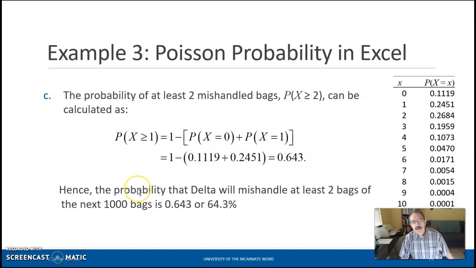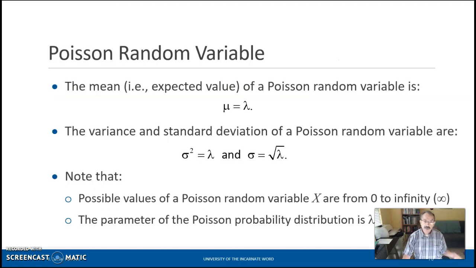So the probability that Delta will mishandle at least 2 bags of the next 1,000 bags is 0.643 or 64.3%. All right, so this is an example of how you can solve these problems when you are provided with the probability distribution.